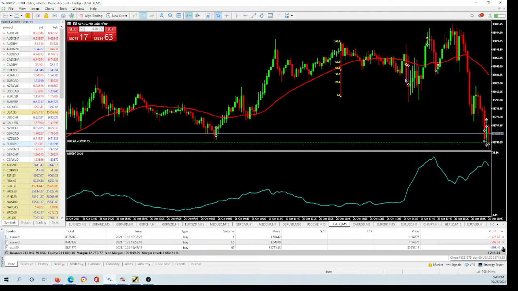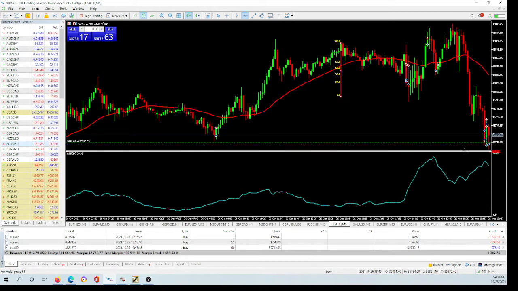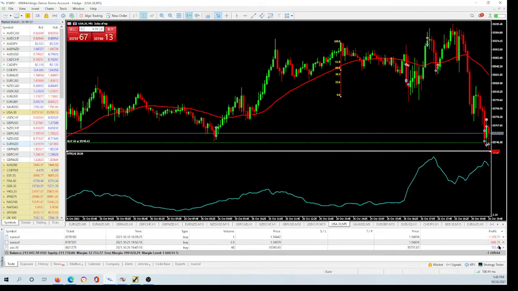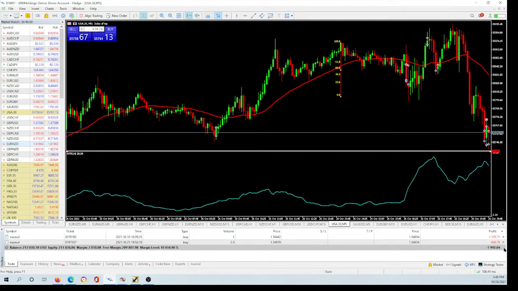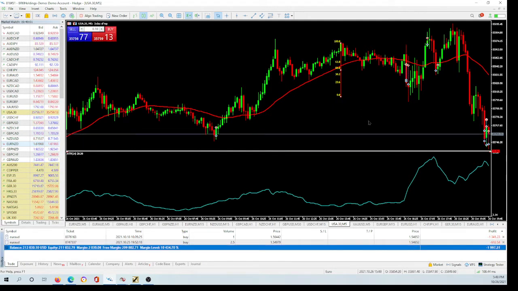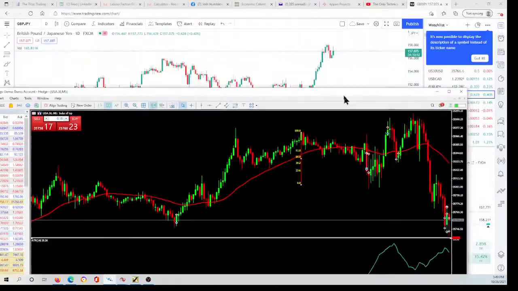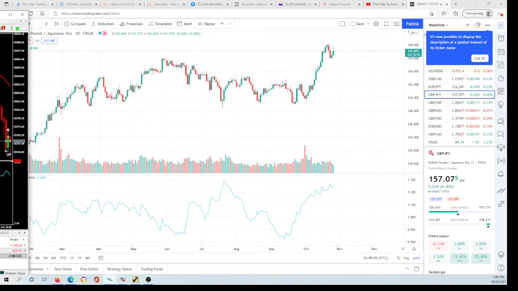I picked those trades based on the reversal from here, because I know the trade is going to reverse, and you can see I'm doing 60 lots. I've closed that trade now. This is a challenge account, so yes, I've closed that trade. When I have another entry, I'm going to do it.